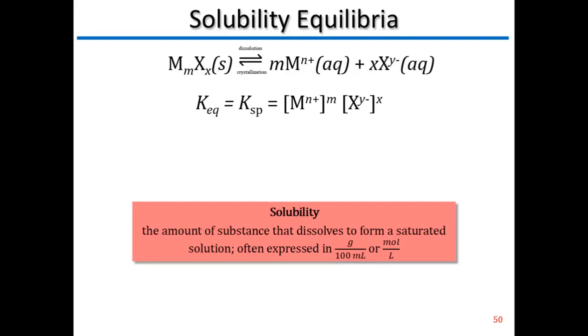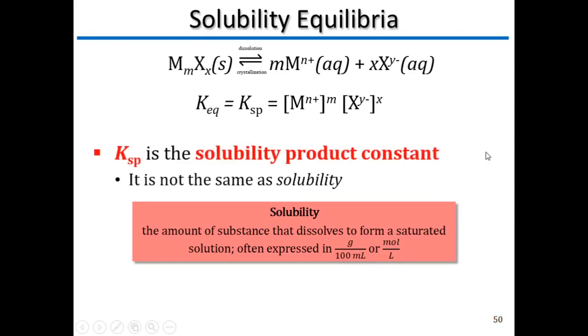It's determined exactly like other K equations, where you take the concentration of the products over the concentration of the reactants, raised to their stoichiometric coefficients. Since a solid is in equilibrium with ions, our Ksp equation just becomes the concentration of the ions multiplied.